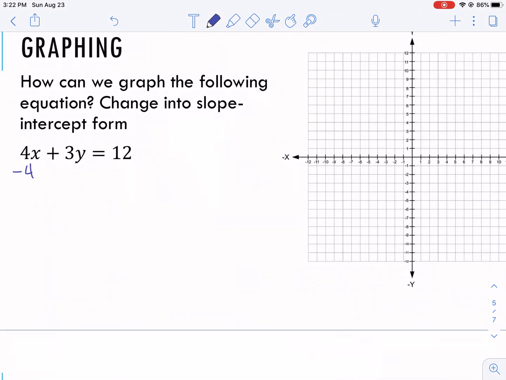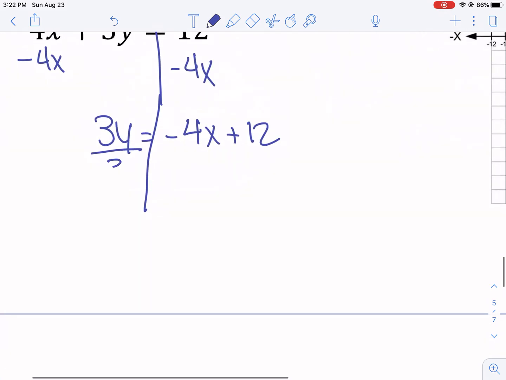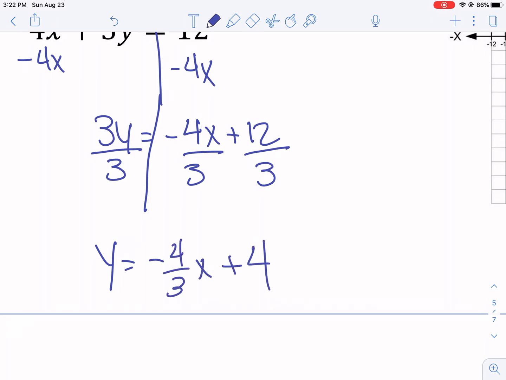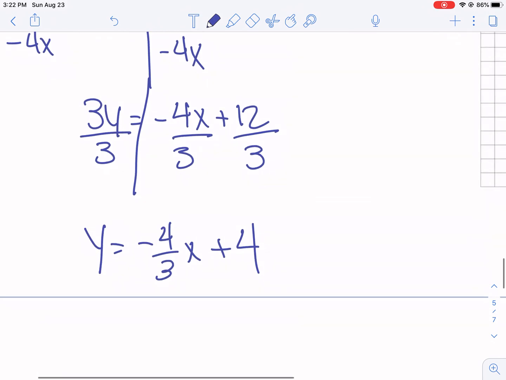So I'm going to subtract 4x. So 3y equals negative 4x plus 12. Then we're going to divide each term by 3. When we have the slope here, I would leave it as a fraction so it's easier to graph, and that way we can identify the rise over run more easily than if it was written as negative 1 1/3.